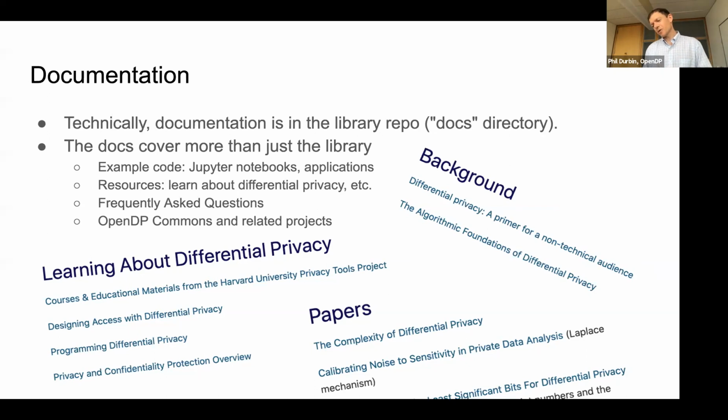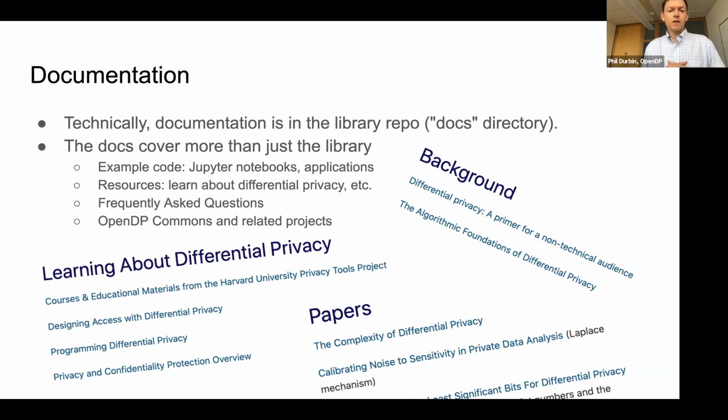The documentation covers more than just the library. We've already talked a little bit about Jupyter notebooks and example code, example applications. This text that I've put up here, that's kind of askew, is all from our resources page. So we're trying to educate people about differential privacy, and I welcome people to take a look at that resources page and help contribute additional resources that you think would be good.